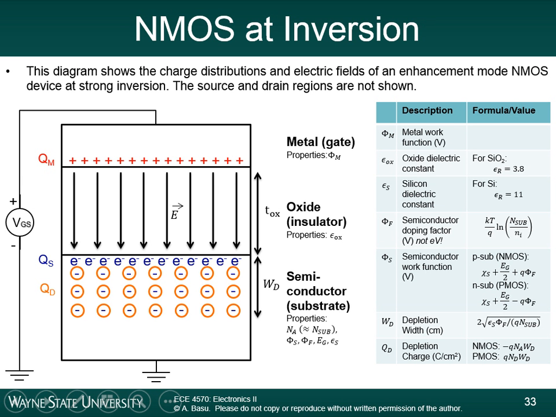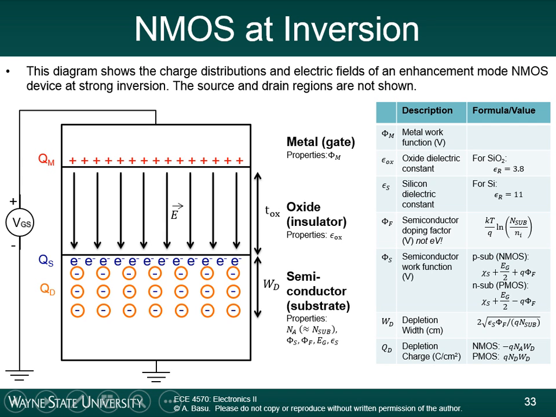The formula that you were using previously is just kT ln of NA over ni. This formula is kT over q ln of NA over ni. So you're going to get a quantity equal to something volts, 0.6 volts, 0.7 volts. So this is the semiconductor doping factor, phi f.